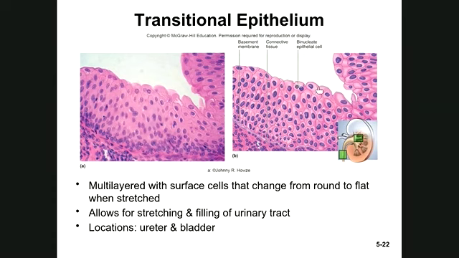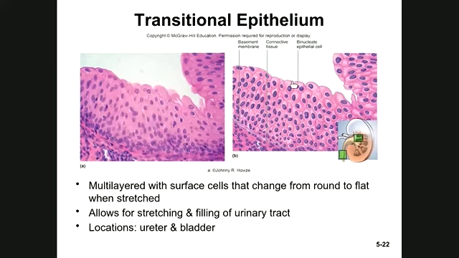They are dome shape or pillow shape, and this round surface helps them to stretch and provide bigger space for reserving and keeping urine for us. They can allow stretching and filling of urinary tract. Their location, as I told you, is the urinary system.